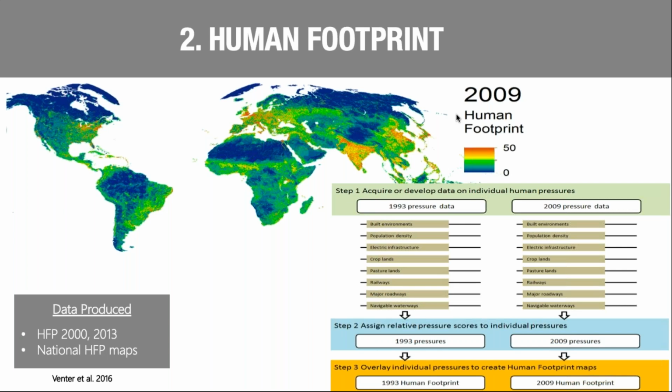And these maps combine spatial data on human land covers, infrastructures, and access into remote locations. All these different data sets are combined into the human footprint map, which can be looked at as a reflection of the threats to natural systems from human pressures.